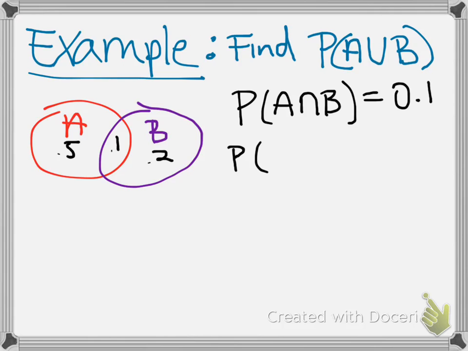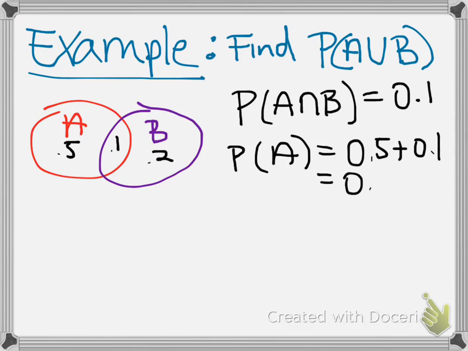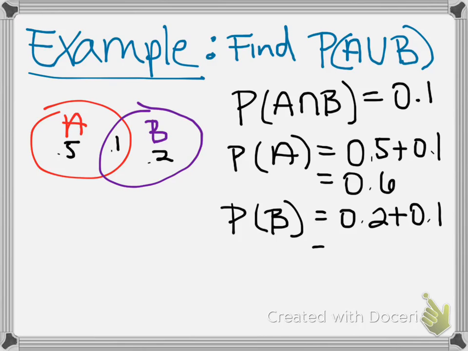The probability of event A occurring is the sum of the two areas that are within the region for event A, and that's 0.5 plus 0.1. So the probability of event A occurring is 0.6. And the probability of event B occurring, very similarly, is the sum of the two regions that are within the event B area. So that's 0.2 and 0.1. So the probability of event B occurring is 0.3.